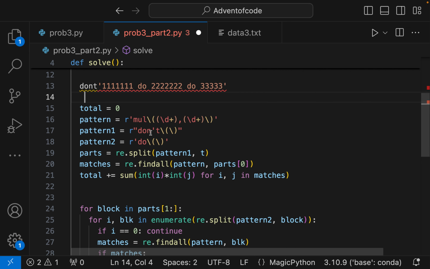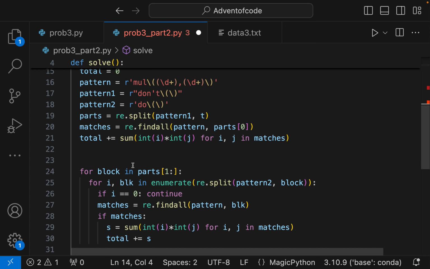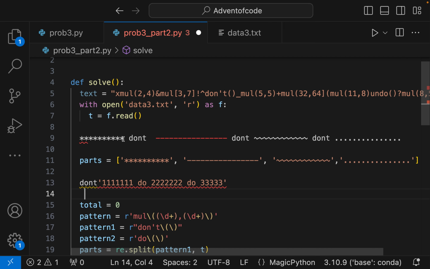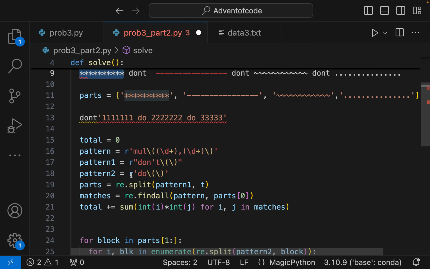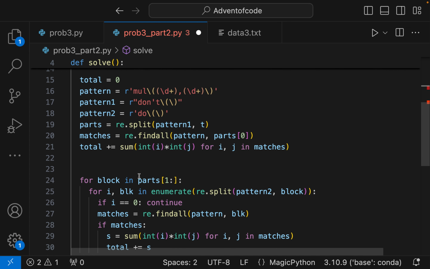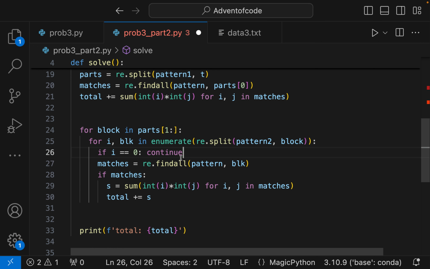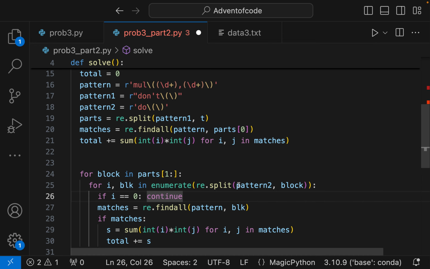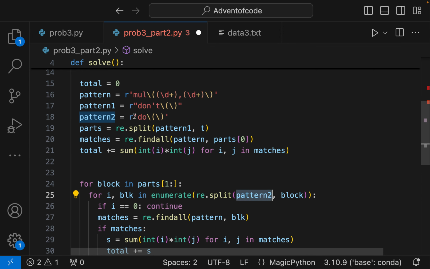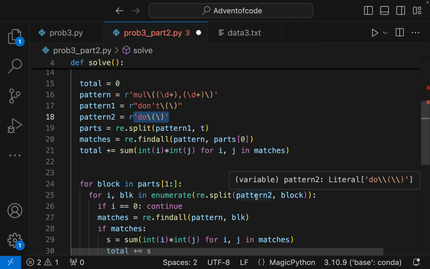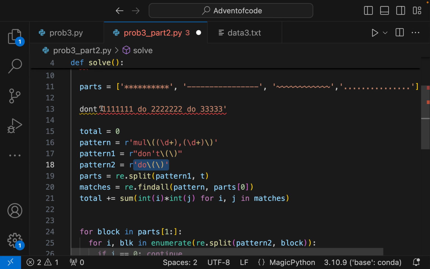So that's what I do here. After this first part, remember I took care of this here. That's already taken care of. I have to worry about, I call these blocks. So starting the parts at 1, I loop through all of the blocks. For each block, I split it on pattern 2, and pattern 2 is the do. And then I'll be left with blocks, which are each of these: 1s, 2s, and 3s.